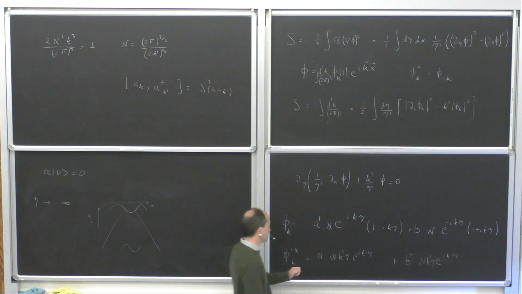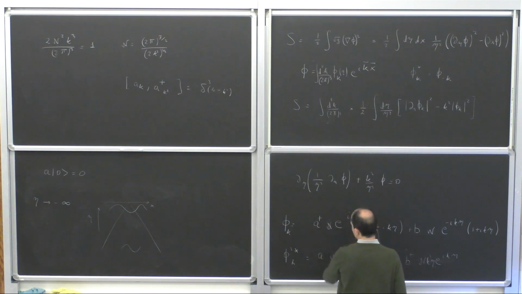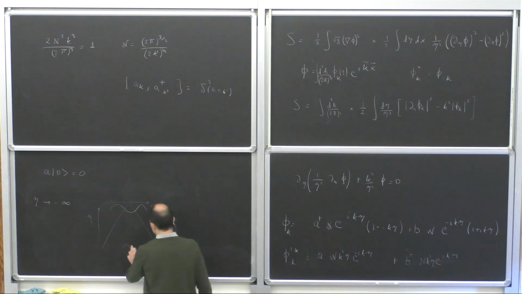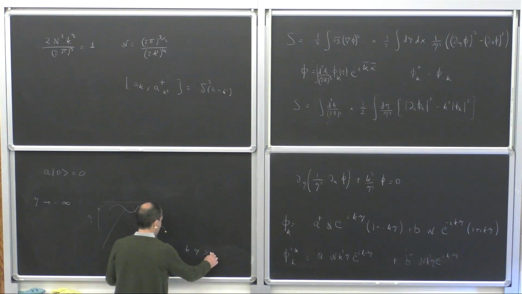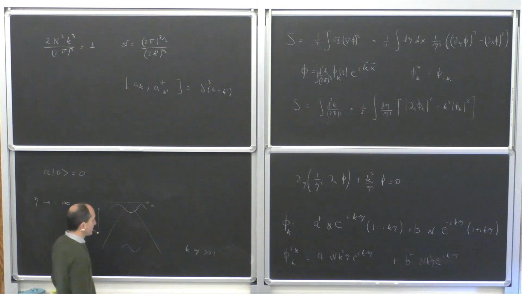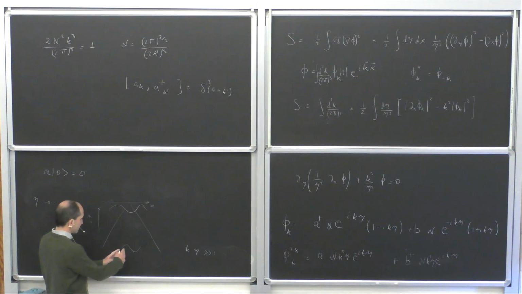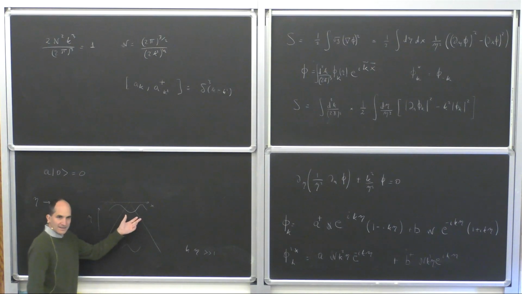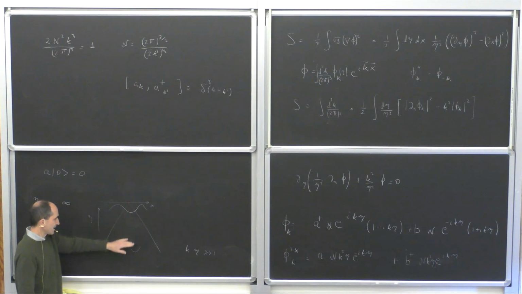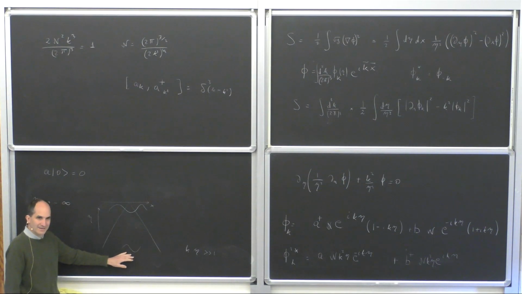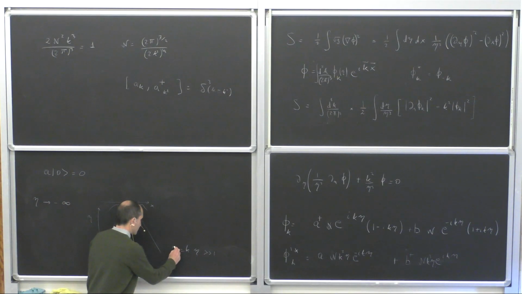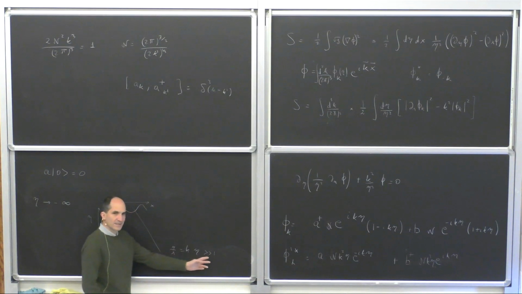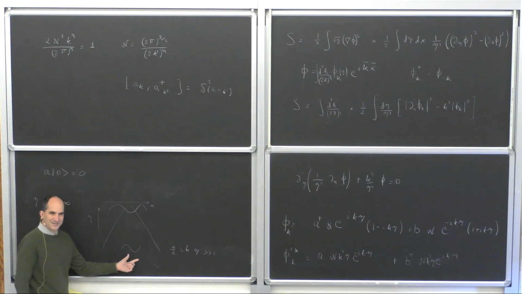If we look at the regime where this mode has a wavelength much less than the horizon size, that corresponds to times when k times eta is much bigger than 1. This wavelength is like 1 over k, and we're taking an eta bigger than that wavelength. That's where this picture is valid.